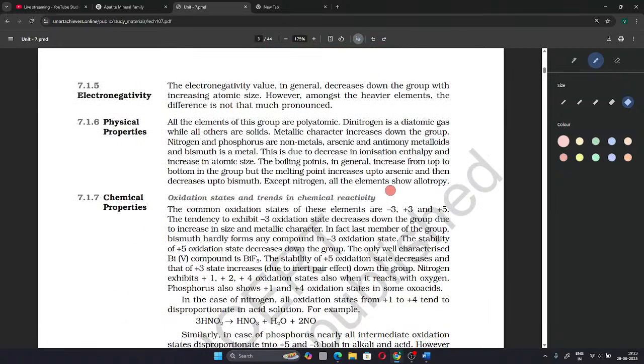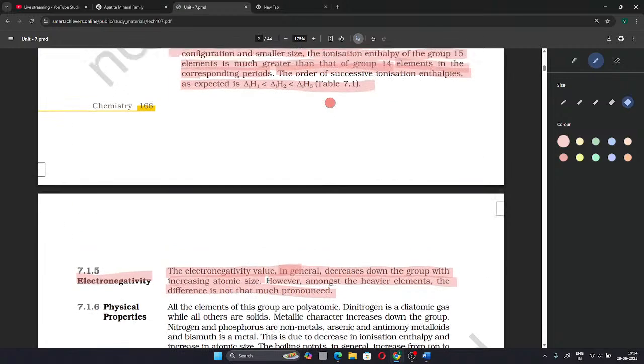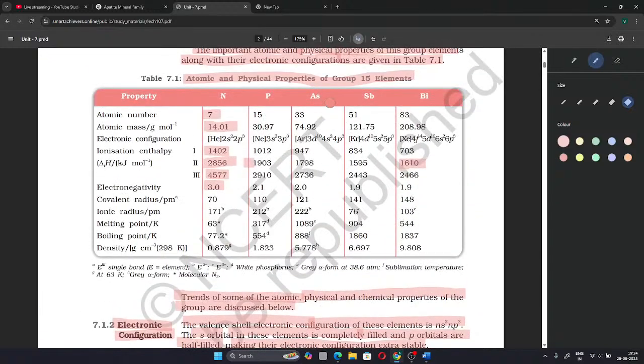Electronegativity. The electronegativity value in general decreases down the group with increase in atomic size. However, amongst the heavier elements, the difference is not that pronounced, as we saw here. Nitrogen has the highest, followed by phosphorus, arsenic, antimony, and bismuth.